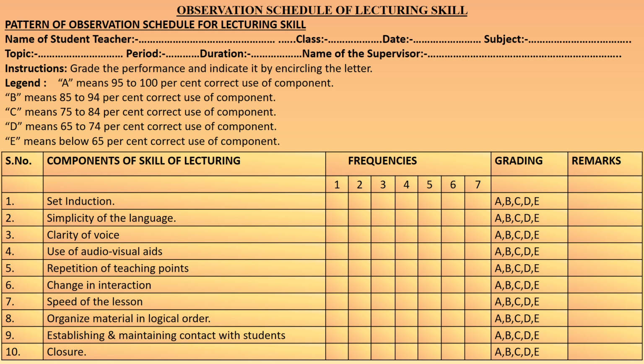In the next column, frequencies will be written, which will be further divided into 7 columns: 1, 2, 3, 4, 5, 6, 7. After that, in the fourth column, grading will be done, and lastly, remarks of the teacher will come.